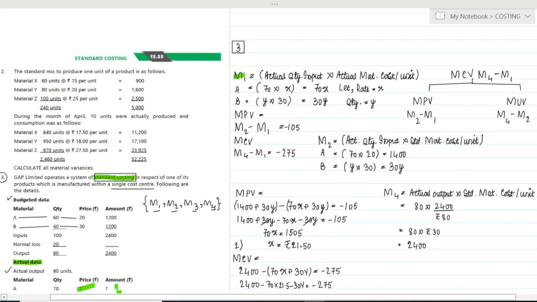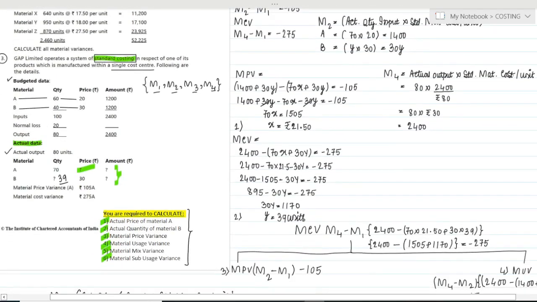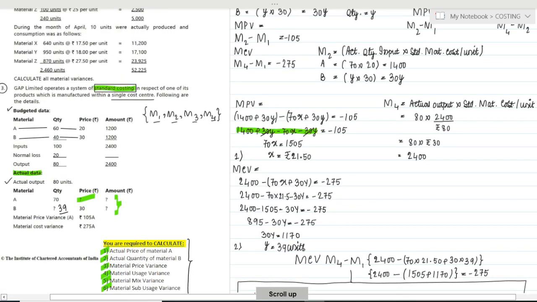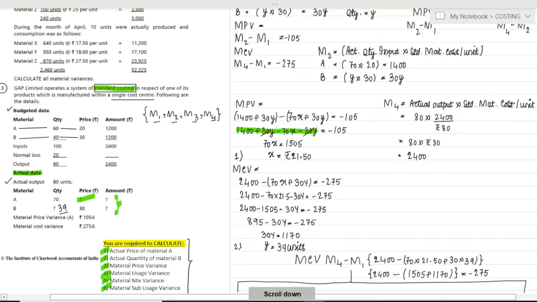So this is a tricky question. First you have to prepare an equation. After that you have to find the missing figure from the equation. Then you have to put that information in the formula.